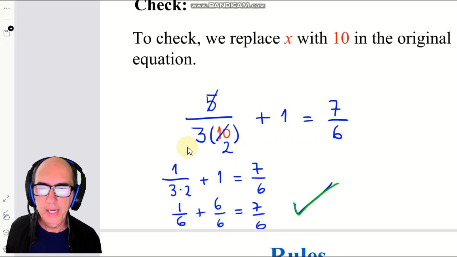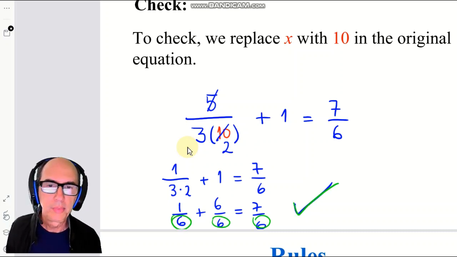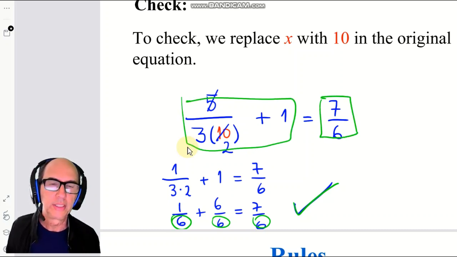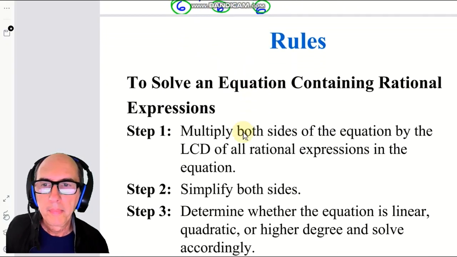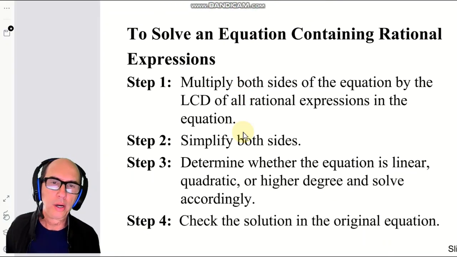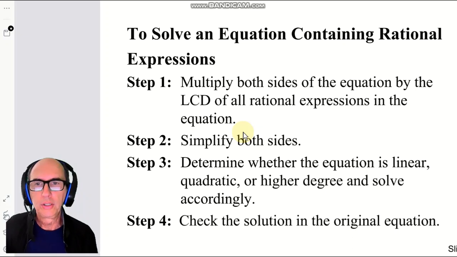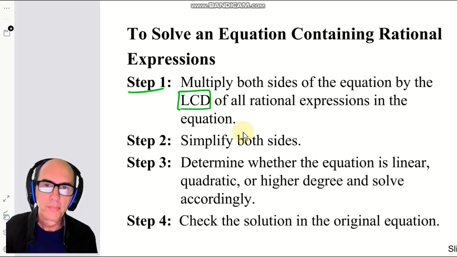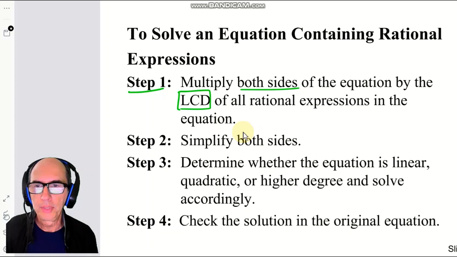We don't have any zeros on the denominators, and this side here is equal to 7 over 6. All right, the steps we are using to solve rational equations are: first, find the least common denominator, and multiply both sides, every term in the equation, by the least common denominator.